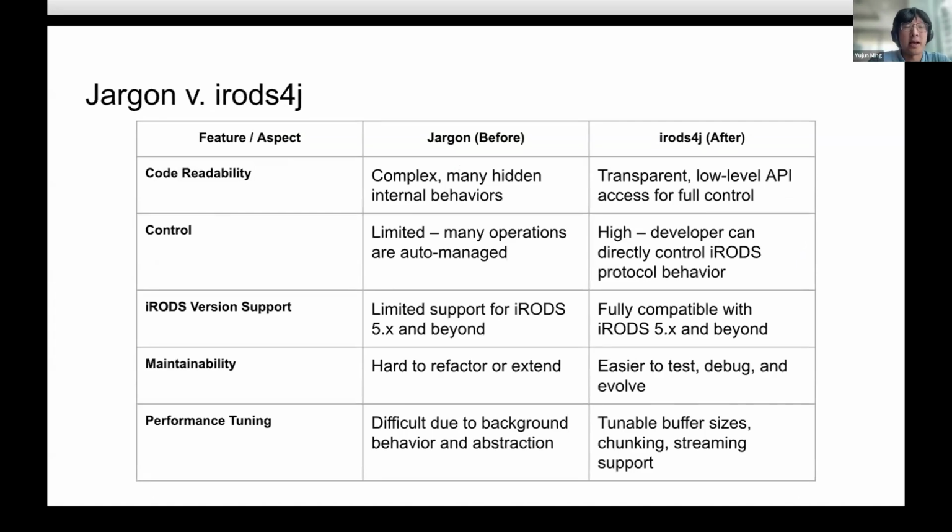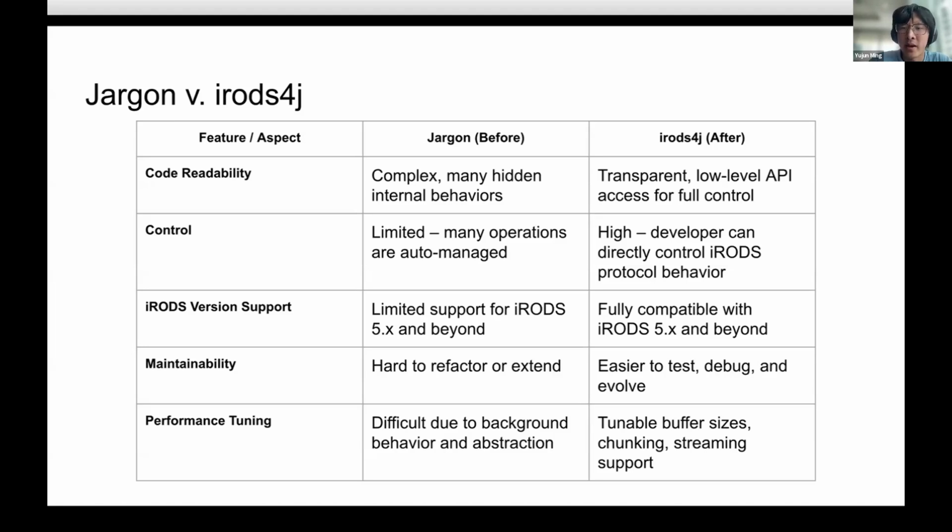I will also compare Jargon and irods4j to see why we need to transform from Jargon to irods4j. At first is code readability. Jargon is pretty complex with many hidden internal behaviors. Lots of things happen behind the scenes. Whereas irods4j is pretty transparent.